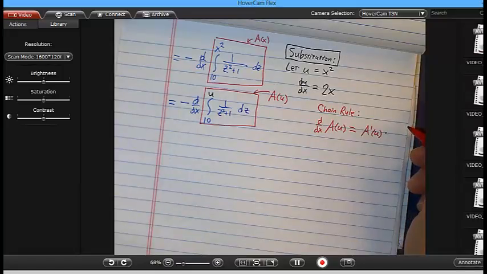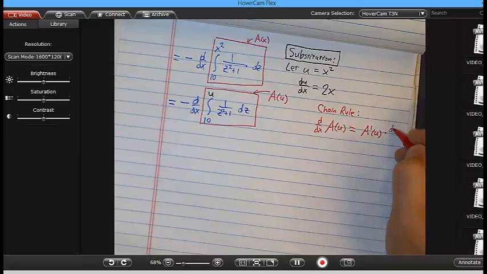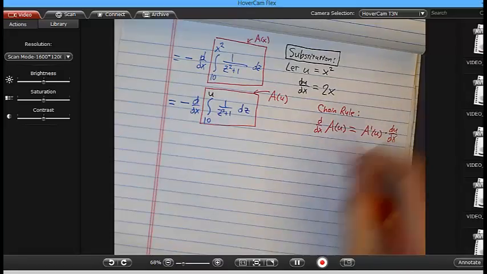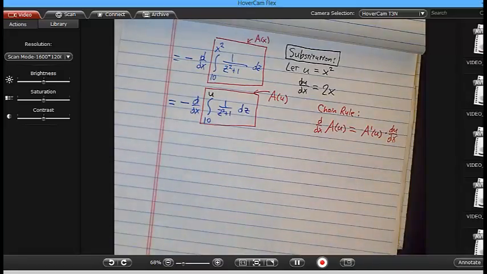Chain rule, guys. The derivative of what's inside. Remember? Dong. So what's that going to be? That's du dx. Do I have du dx? What is it? 2x. I computed that already, right? So this is the process I'm going to do here.